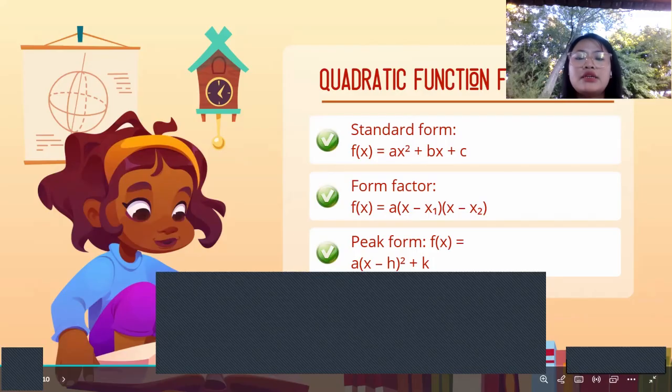This form makes it easy to identify the roots. The third is the vertex form: f of x equals a times x minus h squared plus k. This form helps us identify the vertex of the parabola directly.